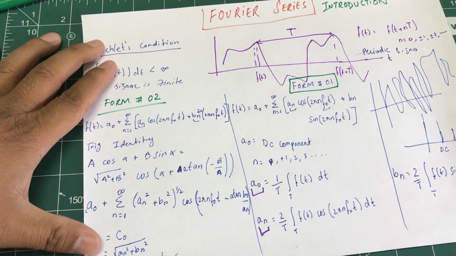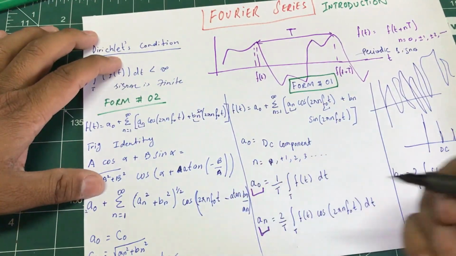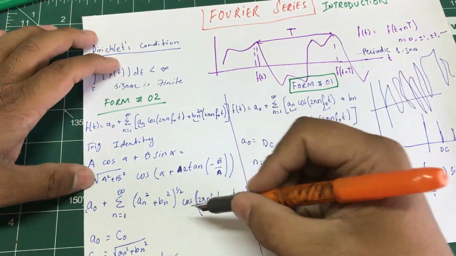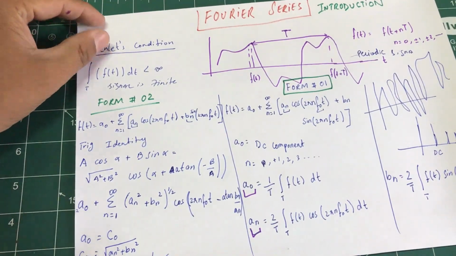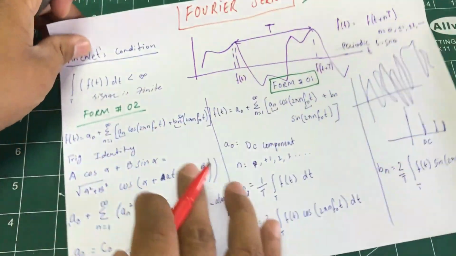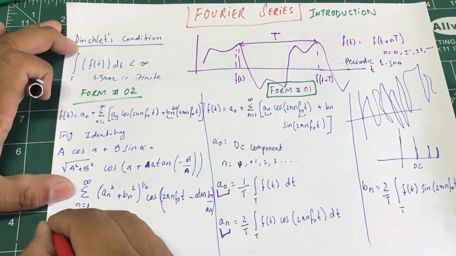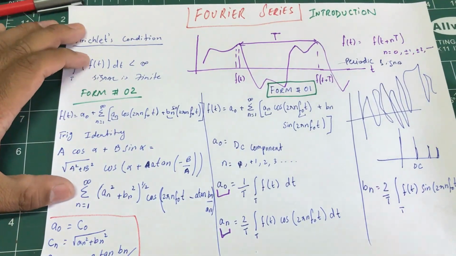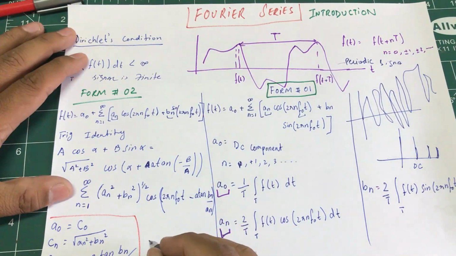All right, so the third format might look something like this, and this is known as complex form. So the end result of my Fourier series would look something like this.